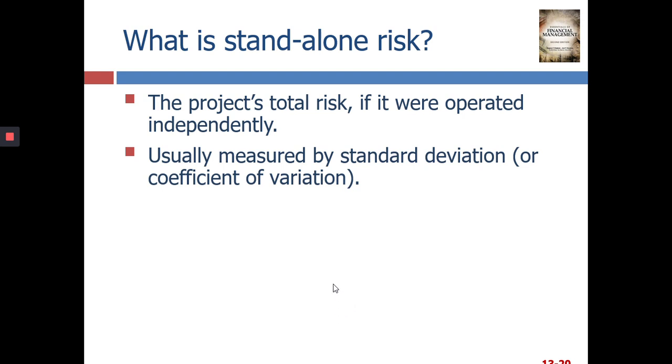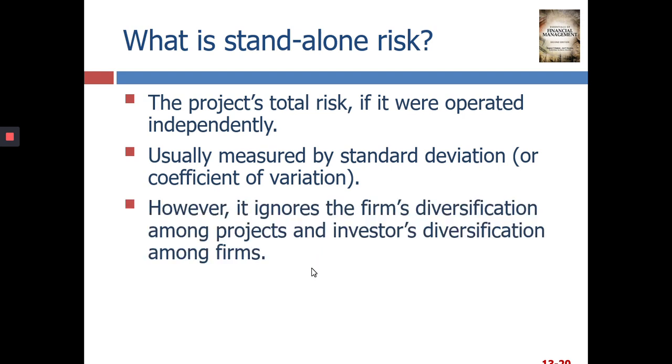Usually we use standard deviation or coefficient of variation. However, it ignores firms' diversification among projects and investors' diversification among firms. For example, if you take Sunway Group, under it you have colleges, the education line, then you have a hospital, then Sunway Pyramid, Sunway Lagoon, and so many things.